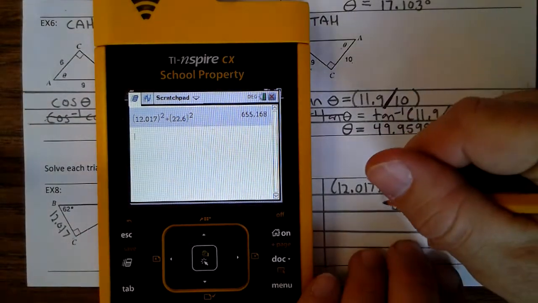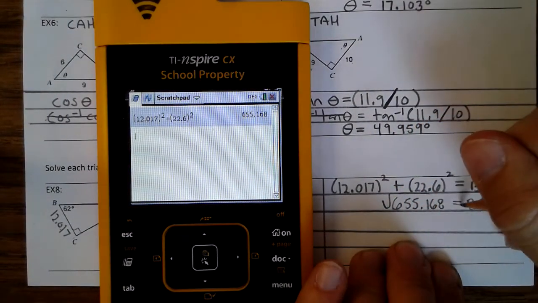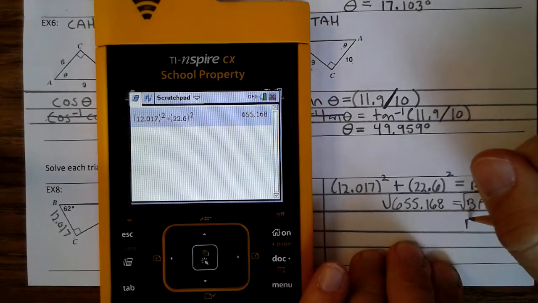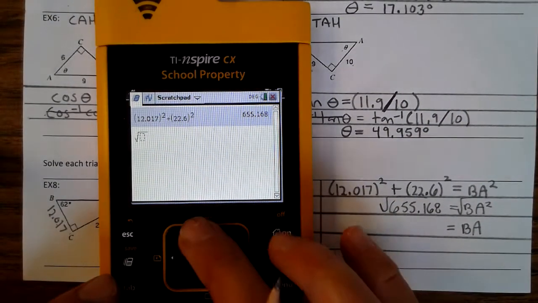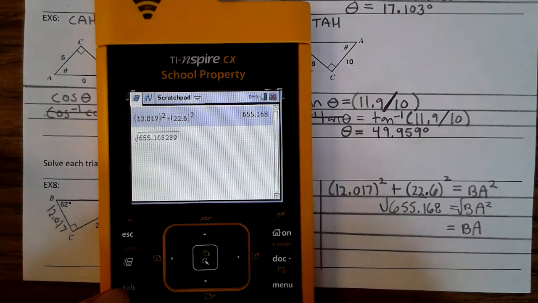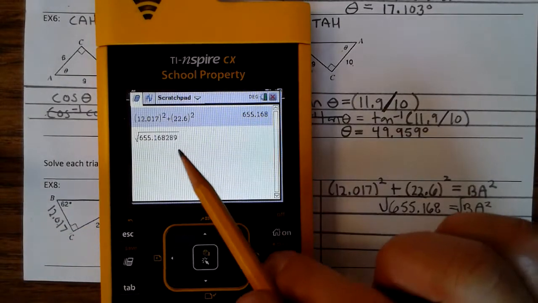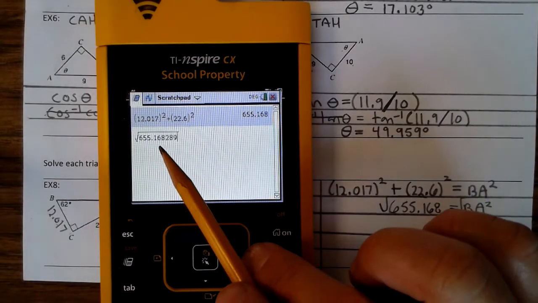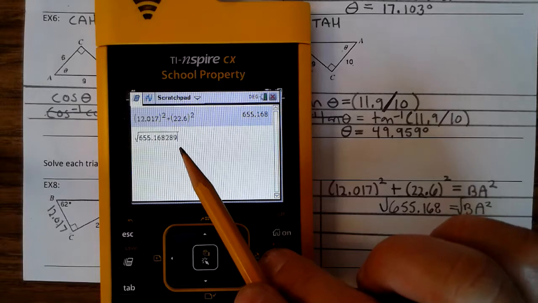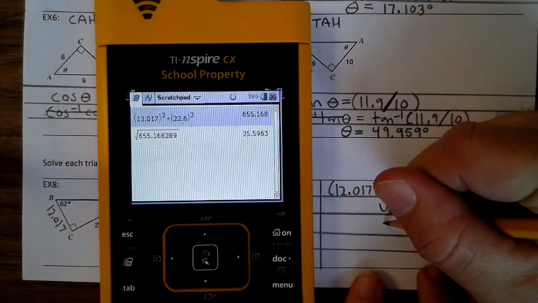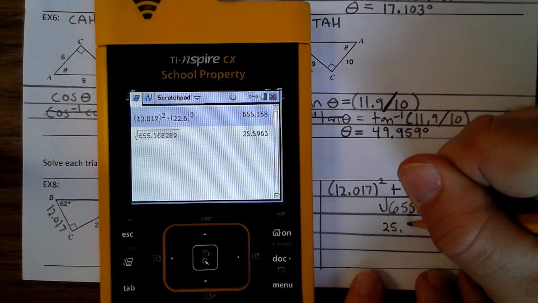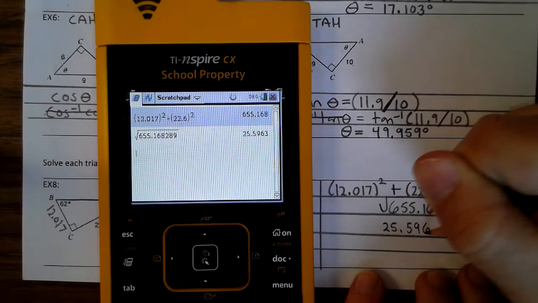We take the square root of that. So BA is equal to the square root of that. Now notice how I copied and pasted, so that way I actually got the number with all the decimal places. Equals 25.596.